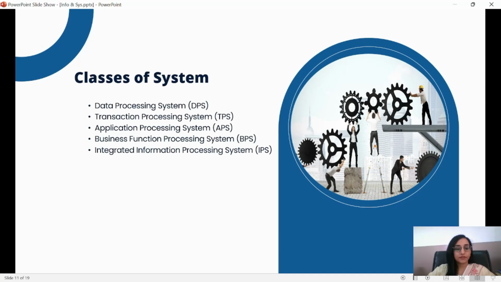Next class of system is APS. Application Processing System is built over DPS and TPS. APS uses files created by DPS and TPS.